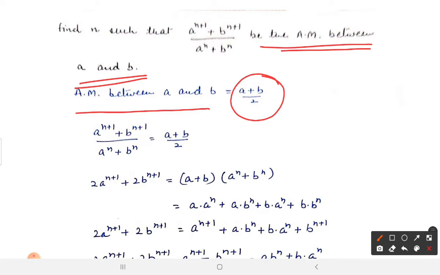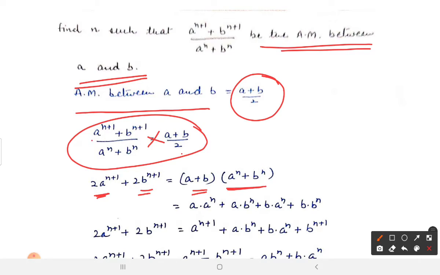Clear? So let us put this equal to (a plus b) by 2. Cross multiply it: multiply 2 with this, it is 2 times (a^(n+1) plus b^(n+1)), equals (a plus b) times (a^n plus b^n). Now multiply a with a^n, a with b^n, b with a^n and b with b^n. Clear?